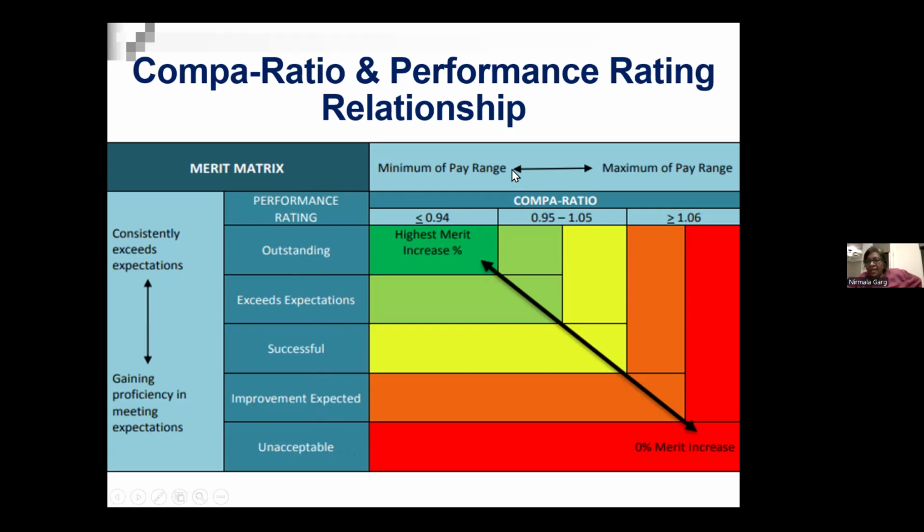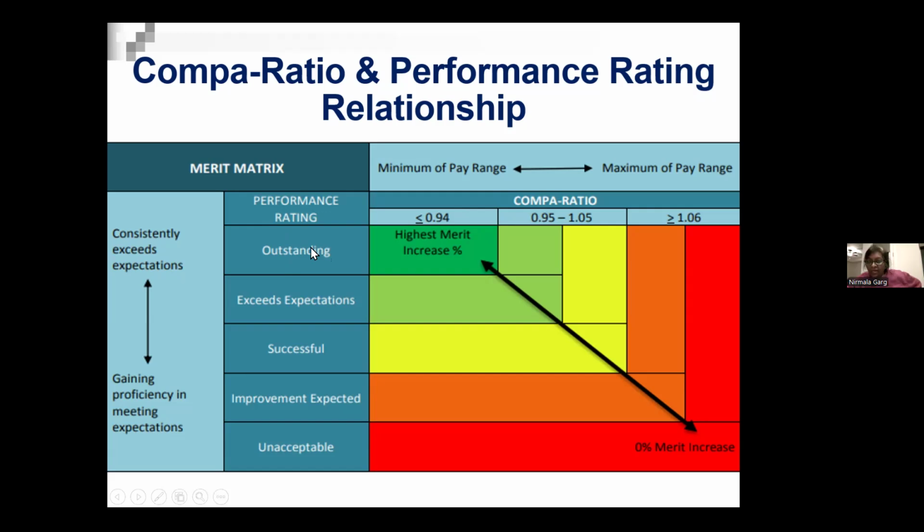Now, what is this? Your pay range. Minimum, maximum. Okay. Now, how does this apply? So there are two employees with a rating of what? Outstanding. They have the same rating. What? 4.